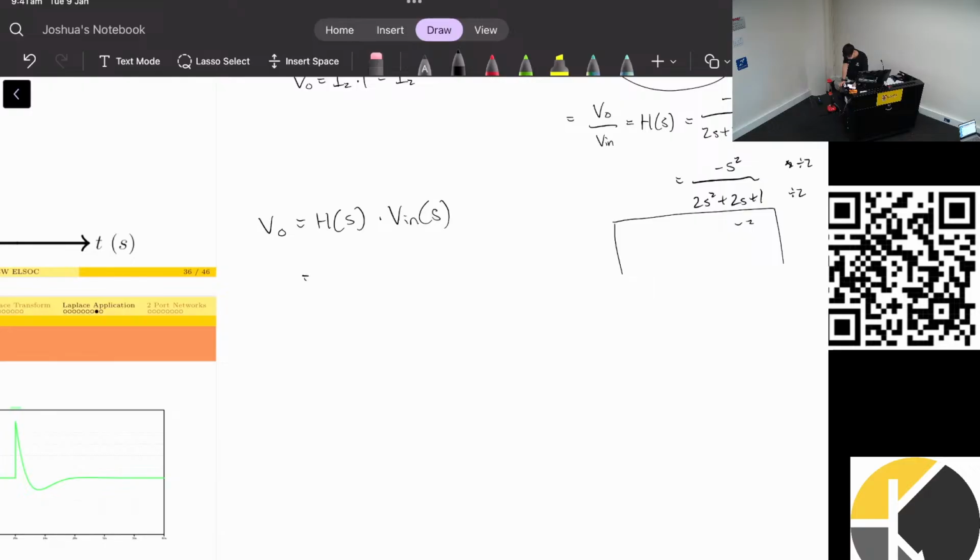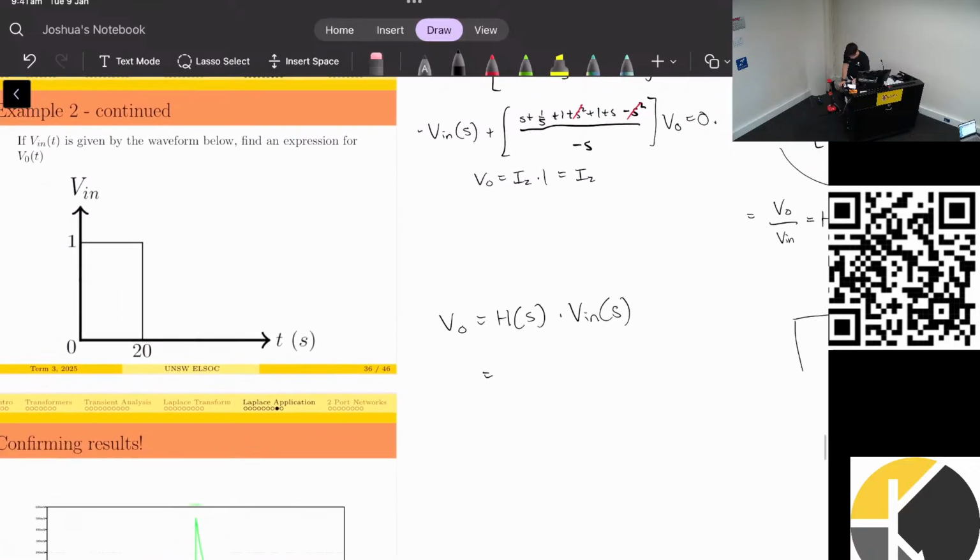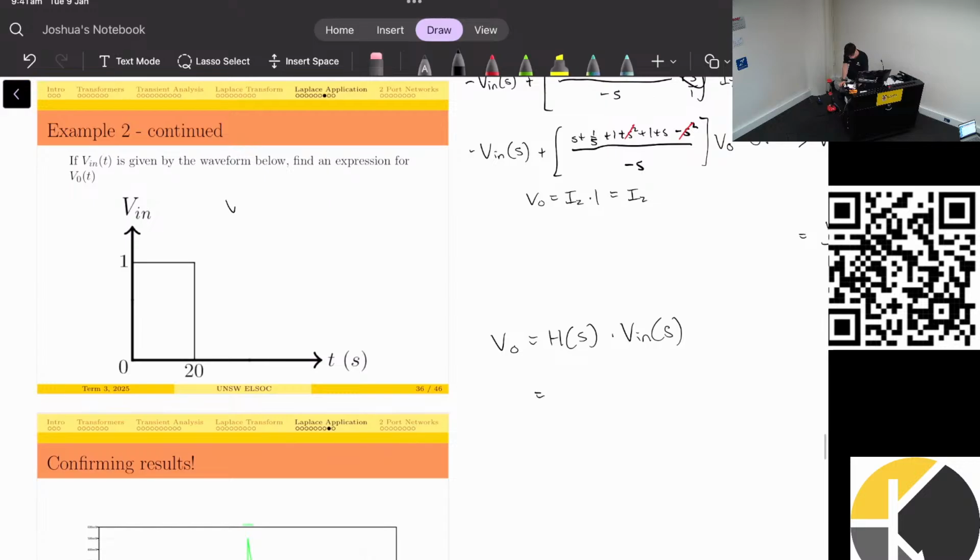I should probably first find my input voltage. So in the time domain, this is just u of t minus u of t minus 20. Then in the Laplace domain, u of t becomes 1 on s, and u of t minus 20 is 1 on s with a time shift of minus 20.